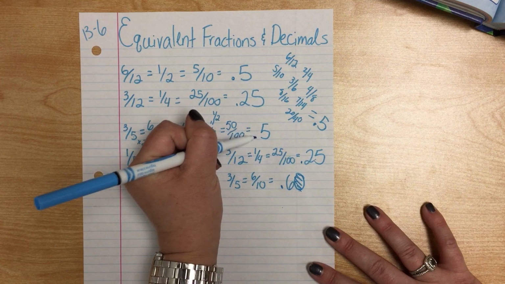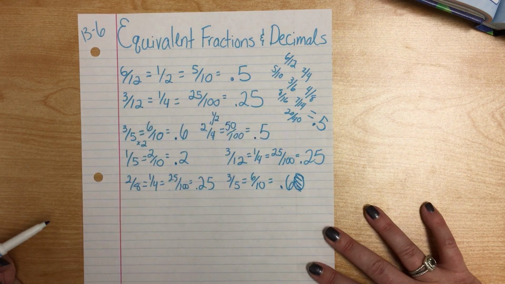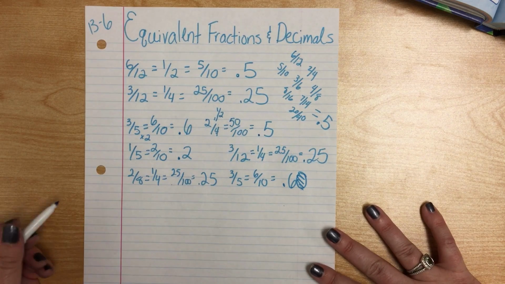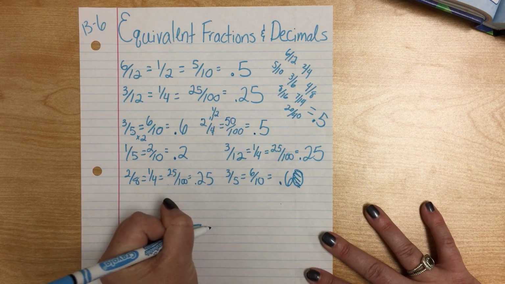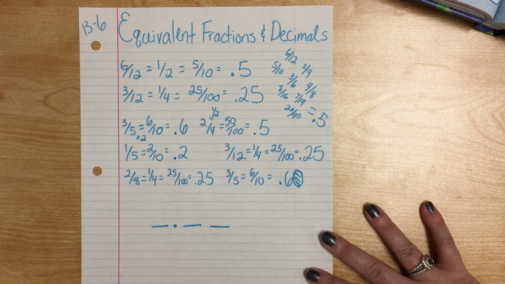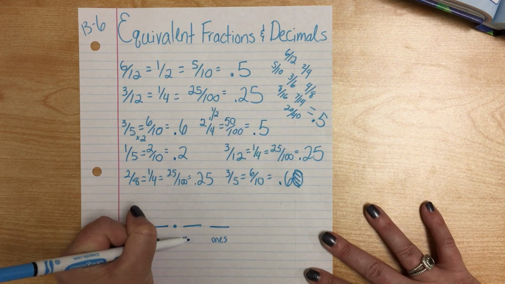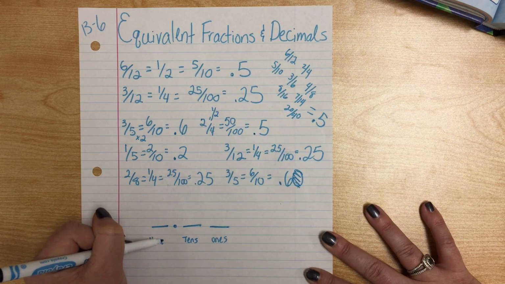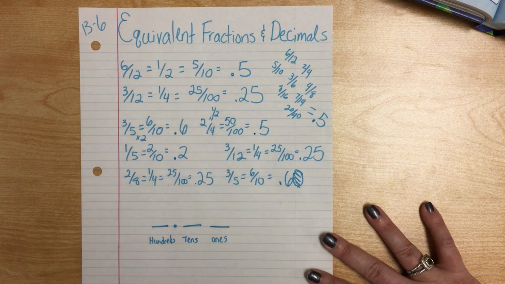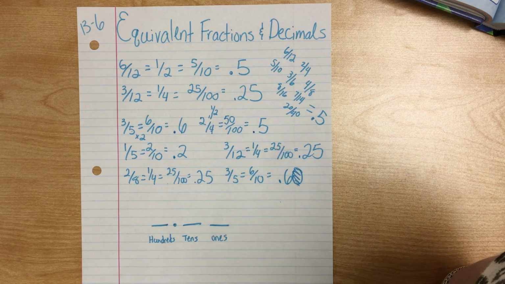Most of the time, you won't ever see that extra 0. You'll see 0.5, which really means that there is a 0 there. But remember, when we're doing decimals, if you've got a decimal written out like that, this is your ones, this is your tens, and this is your hundreds. And really the best way to think about this is in money terms.